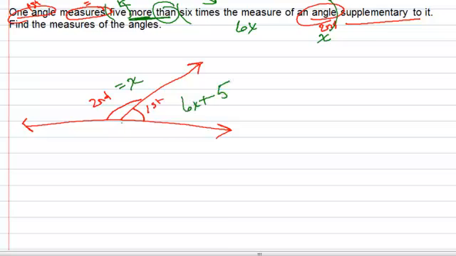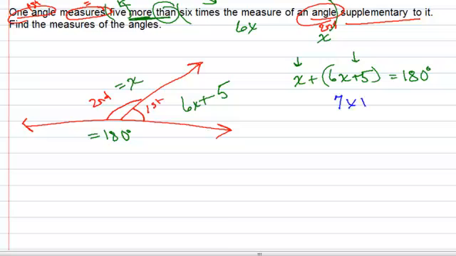And we know that when they are supplementary, they're equal to 180 degrees. So we just add them. So here is our first angle, and here is our second angle. And now we just simplify.